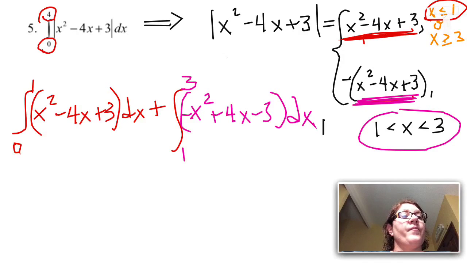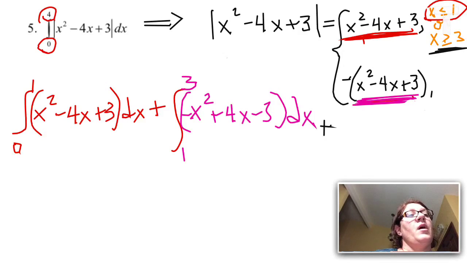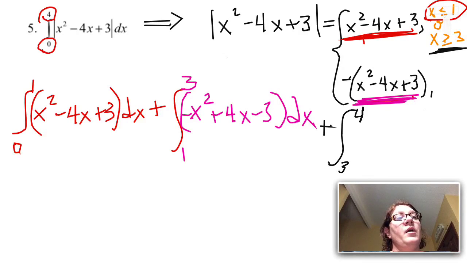Plus, then I have to get all the way up to 4, so everything greater than 3, I would be back to the original, the top formula. So from 3 to 4, I'll be back to using x squared minus 4x plus 3.